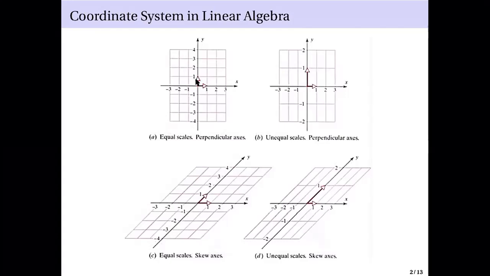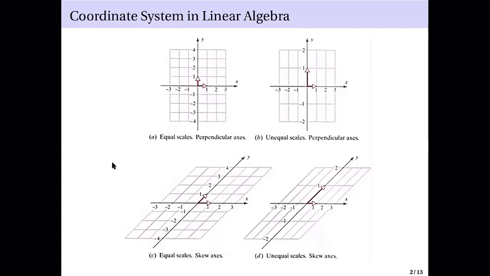However, there are some cases where we are allowed to use other scaling. For example, in figure B, the x-axis and y-axis are still perpendicular. But notice that the length of 1 unit in the x-axis is not the same as the length of 1 unit in the y-axis. Okay?